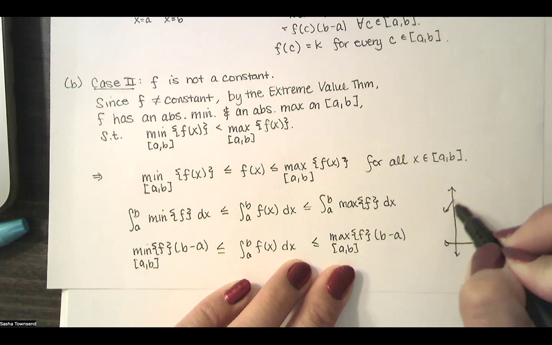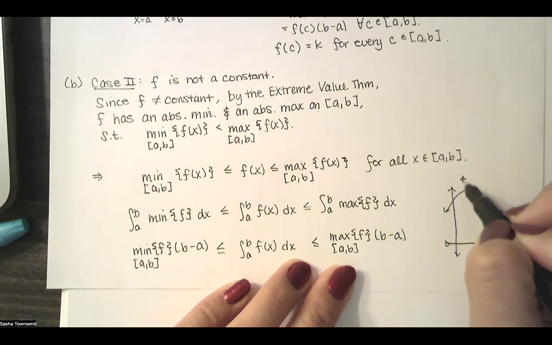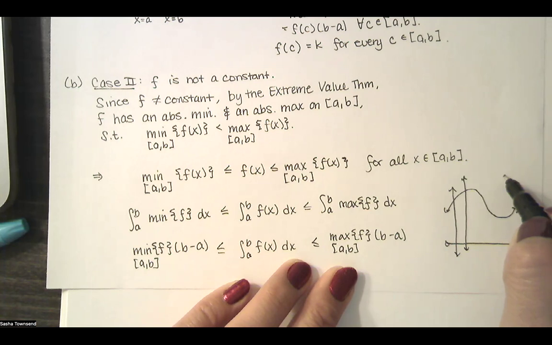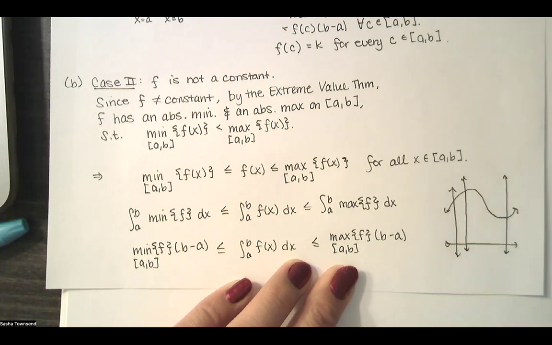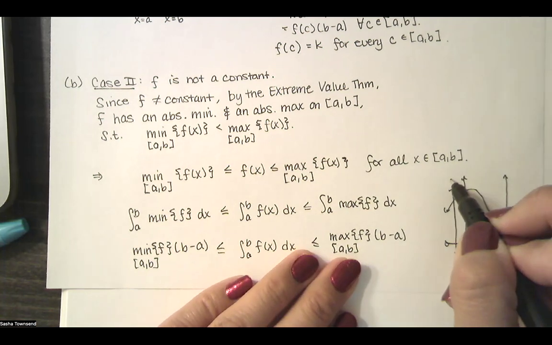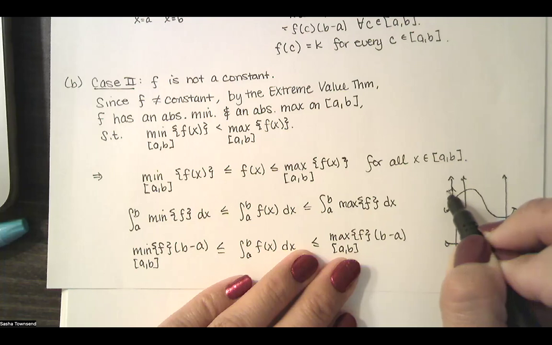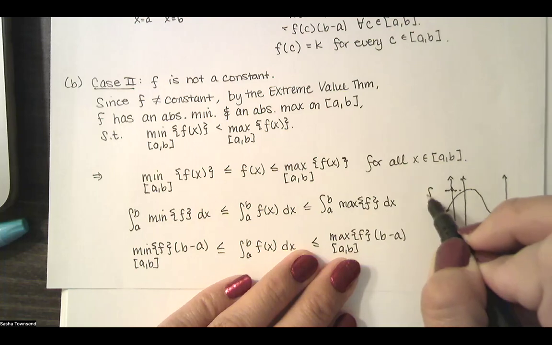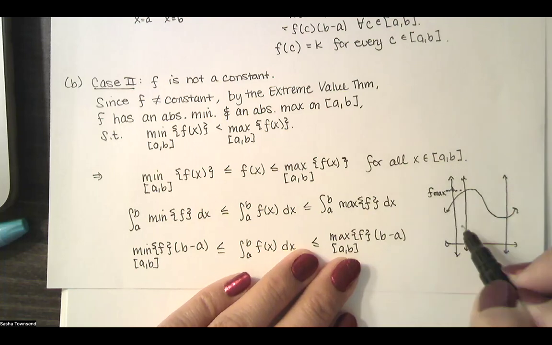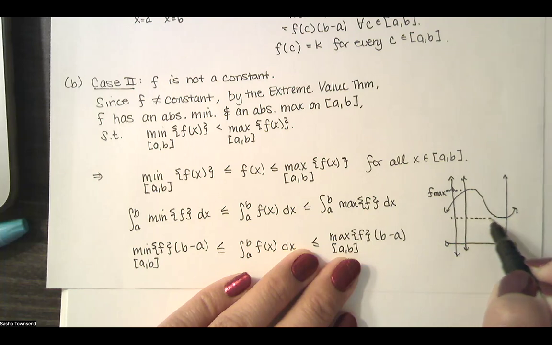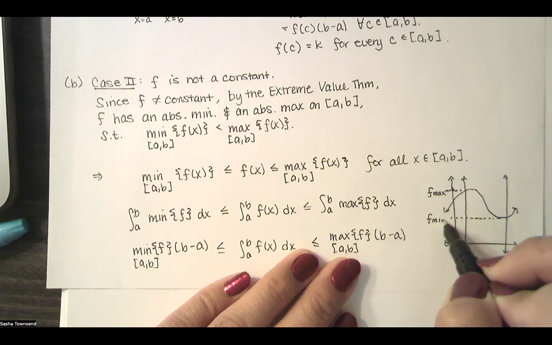So if this is my function, let's say we're on the interval from a to b, here's the maximum value of the function on the interval. Here's the minimum value of the function on the interval.